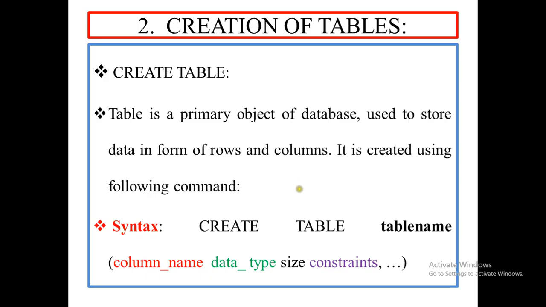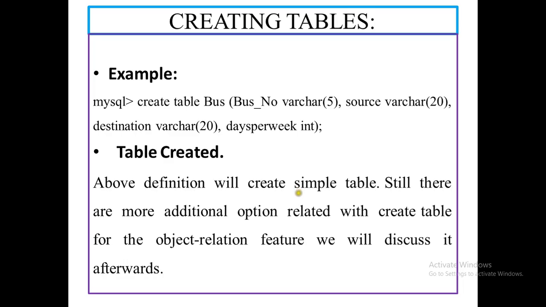So maybe we created a table last time, so let us start again with creating the table, to insert the data, to show the data, to delete the data, to add data into our table, and so on. So let me create one table.